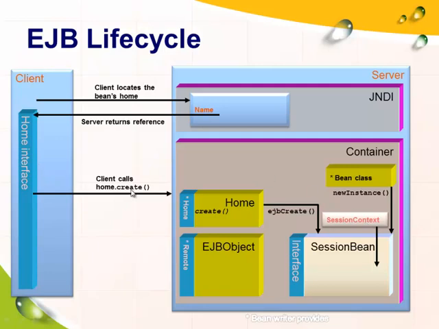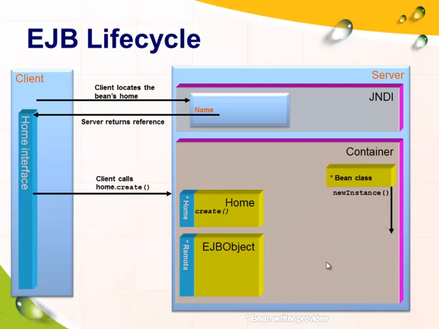So the client has called a create on the home object. Now this home object calls EJB create on the session bean itself. Now what is this? Remember, slightly going one step ahead, one step back. In the initial state, it creates a new instance. What's the meaning of saying new instance?